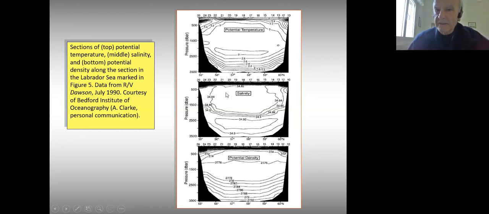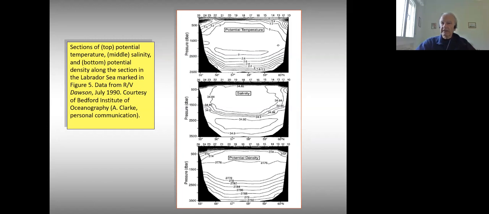Salinity is also vertically mixed, and the density. So that means that the vertical mixing reached 2,500 meter depth. So the whole water column from the surface to 2,500 meters is vertically mixed, where this dense water is formed, which then enters into the global conveyor belt and drives it.